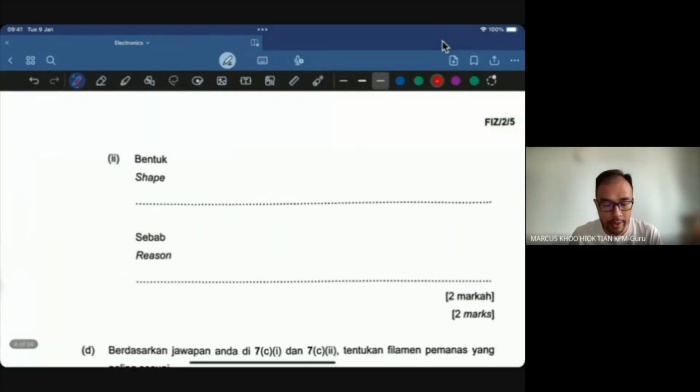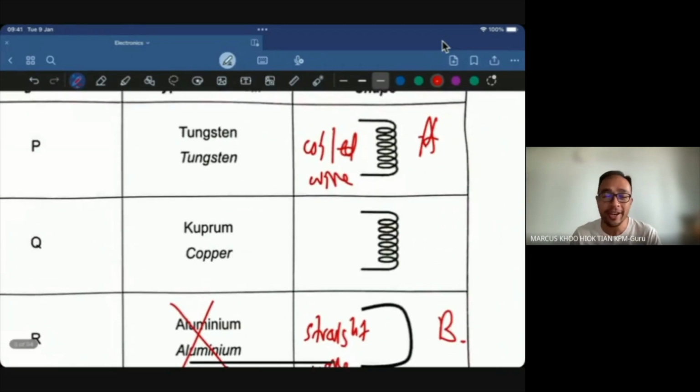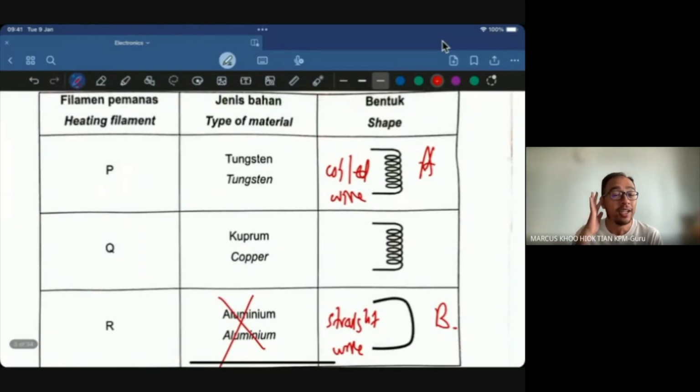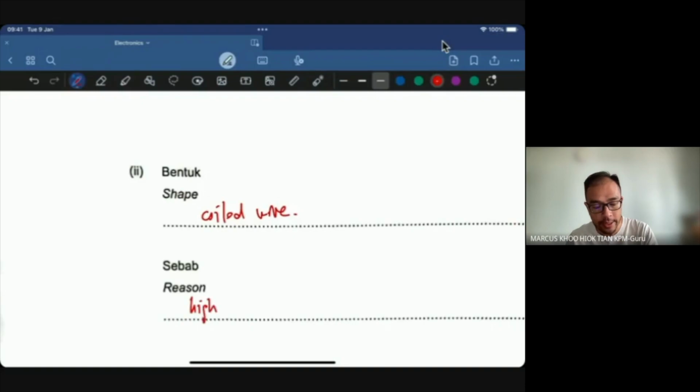Next one is shape. There are only two types of shape, either choice A or choice B. This is a coil and this is a straight wire. In case you can't draw it out, you have to mention it. The one that goes around like that is called a coil, and the other one is called a straight wire. In this case, of course, we want a coiled wire. The reason is the same, high resistance, because the wire is longer.